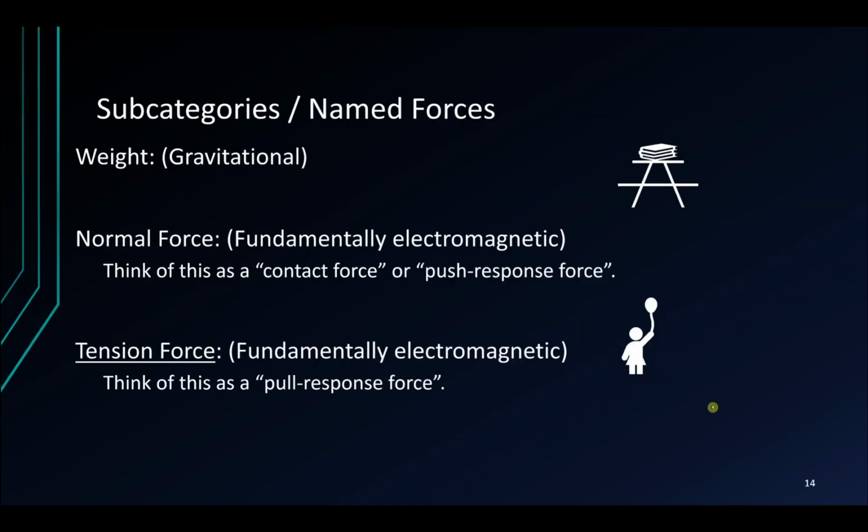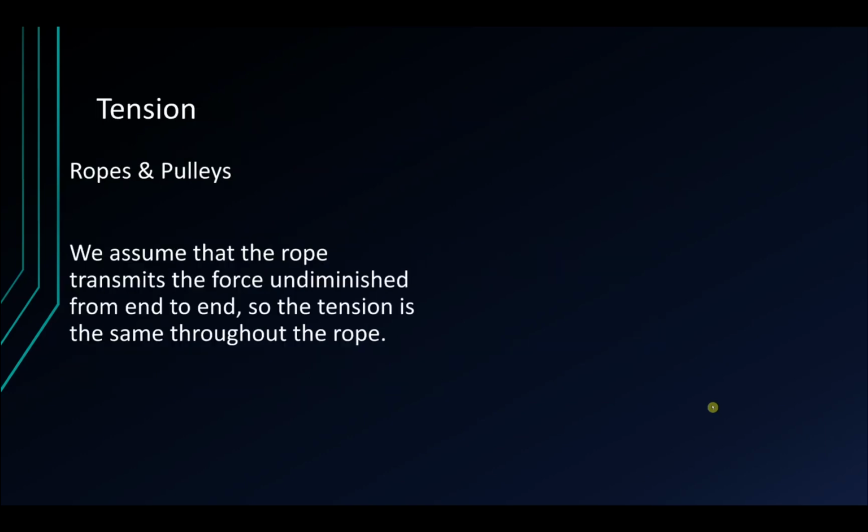The next basic force that we can think about is a tension force, kind of like a pull response force. We have tension forces whenever we have a rope, and we assume that this rope is going to be an idealized rope.